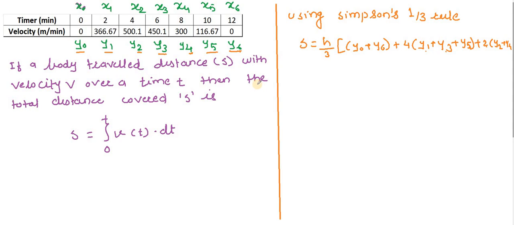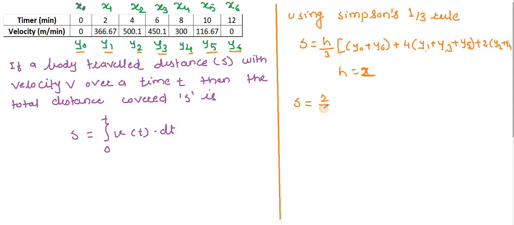Here they have given us all the values. One more thing: the time goes 0 to 2 to 4, so the time interval is 2 minutes. You will find the difference is 2 minutes, so h equals 2. So y0, y6, y1, y3, y5, y2, y4 and h are all given. Now we just have to solve the problem.